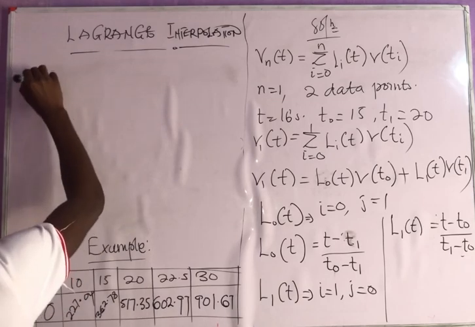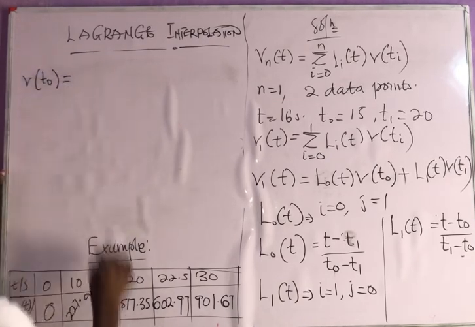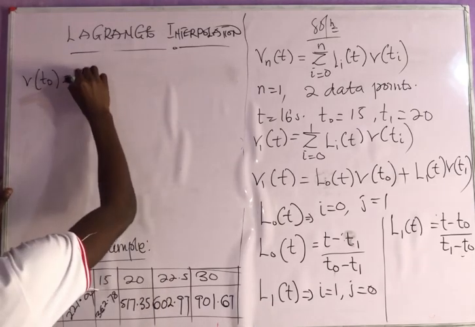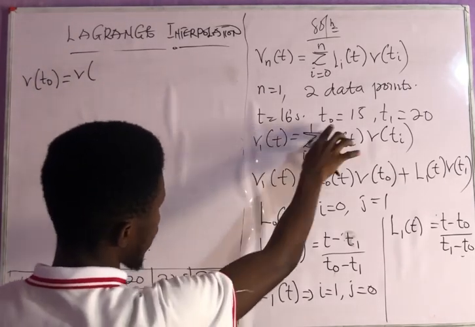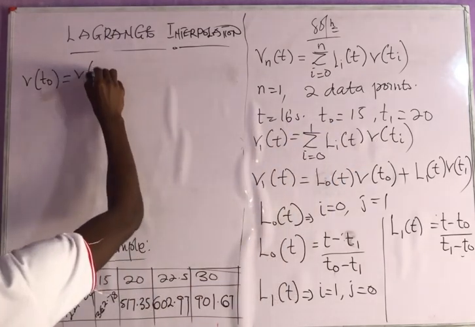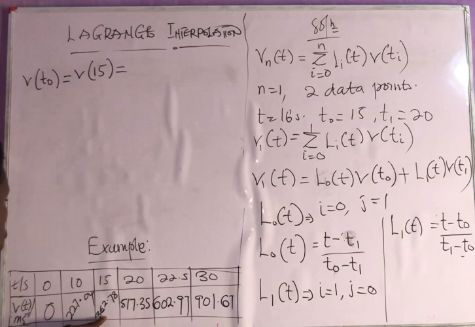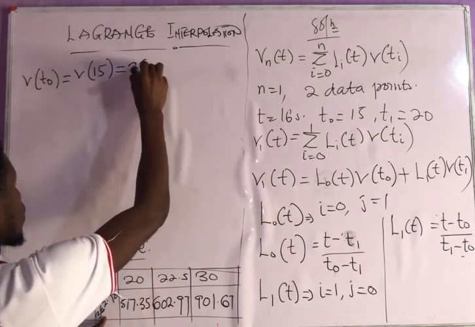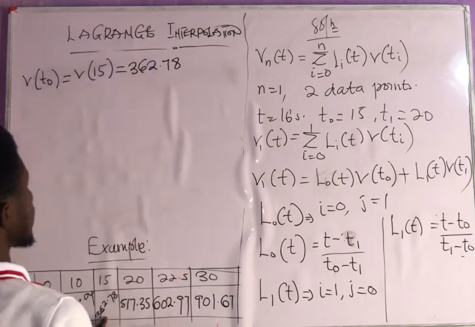We know V of t0 equals V of, where's our t0? We said our t0 is 15. And 15 gives us 362.78.